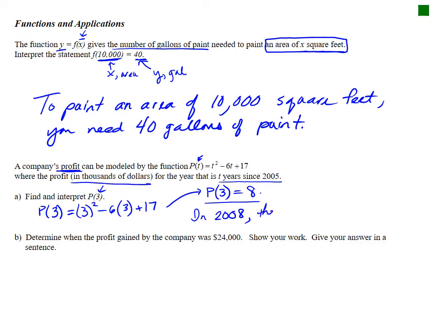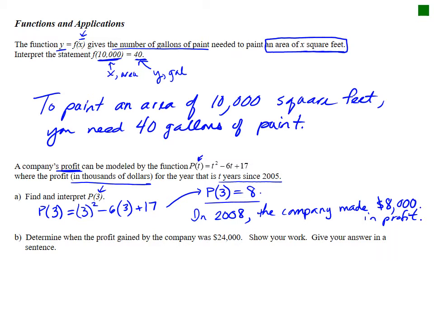So the company in 2008 has made $8,000, and I should say that's in profit. So that's finding P of 3 and then interpreting it.